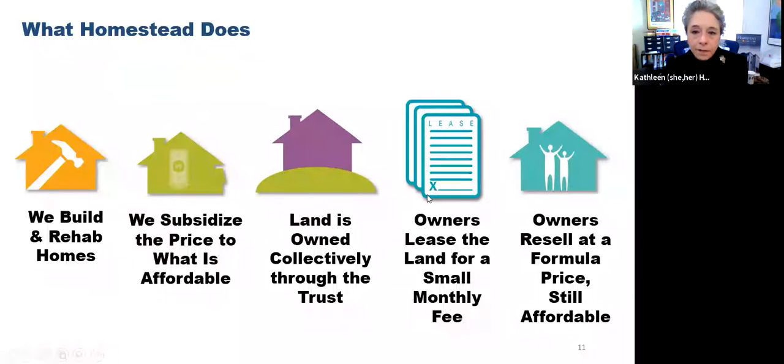And this works really well. We have 235 homes in trust now, of which about a quarter have been owned by more than one family. So over a period of 60 or so resales, we have shown that the model really works to perpetuate affordability and create first-time home buying opportunities for people whose only other alternative, frankly, is renting.